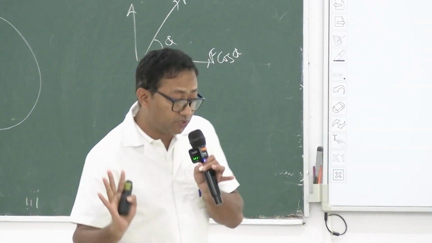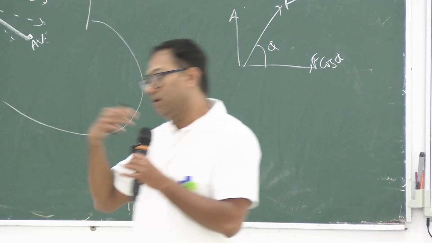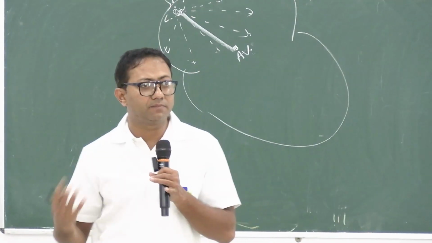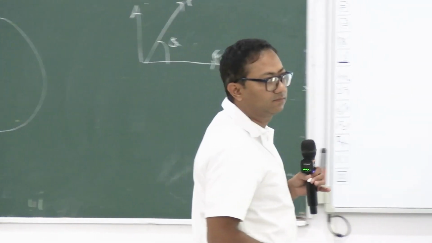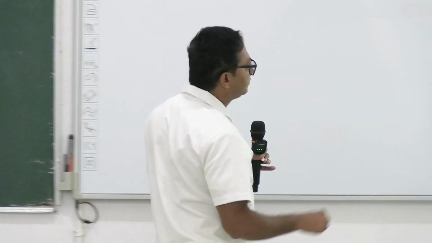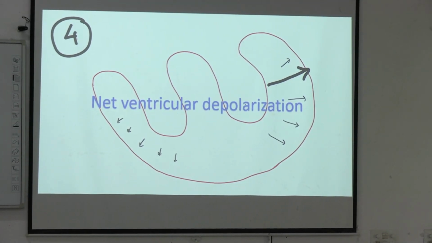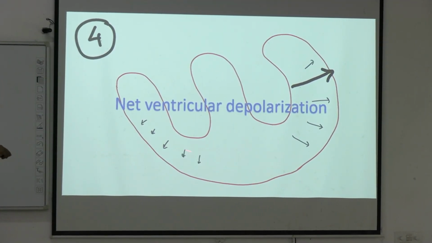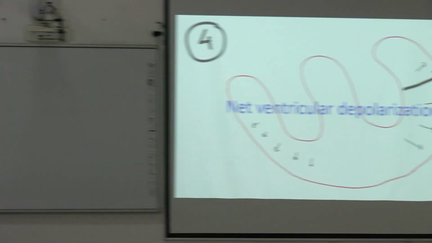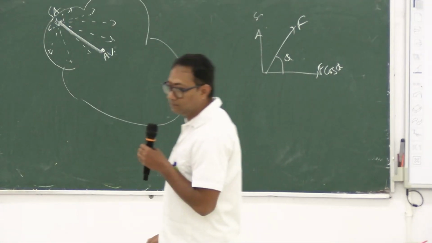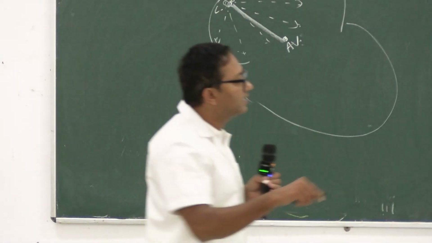So now if you add them up, you get a resultant vector here, because these small vectors are more powerful than these vectors. So if you add these small vectors with this, you get a resultant vector which is directed towards the left ventricle. Clear? And this is the fourth vector, its direction is this.